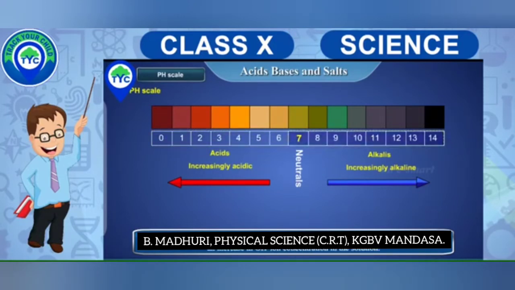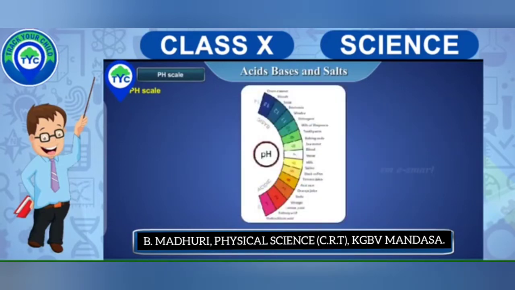The pH value increases from 7 to 14. It represents a decrease in H3O plus ion concentration or an increase in OH minus ion concentration in the solution. A pH value above 7 represents a basic solution.